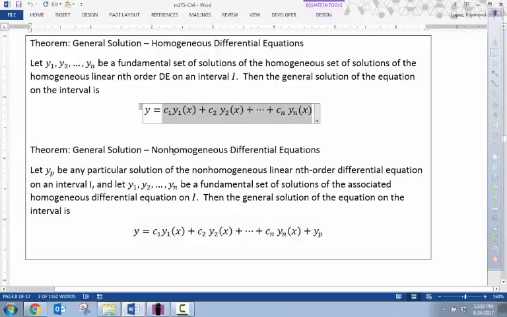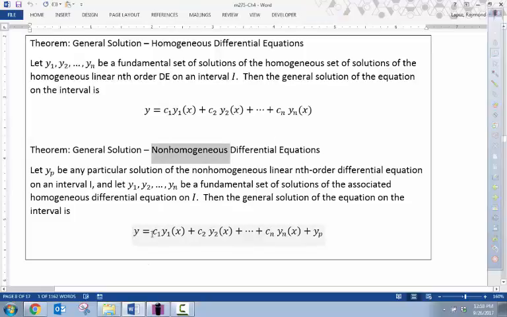And then for a non-homogeneous differential equation, you get the homogeneous portion, and then you add on your particular solution. Okay? So that's the general summary of section 4.1.